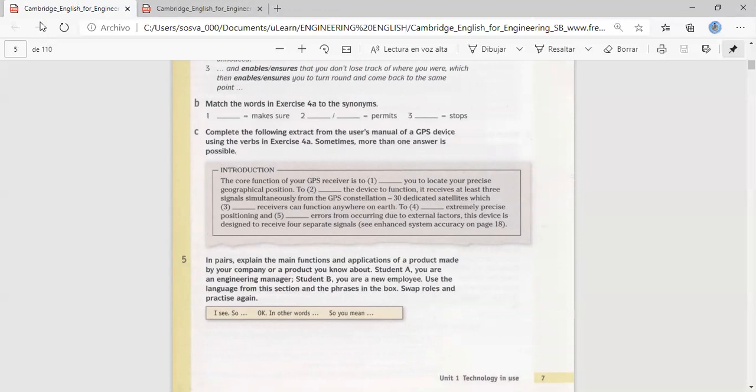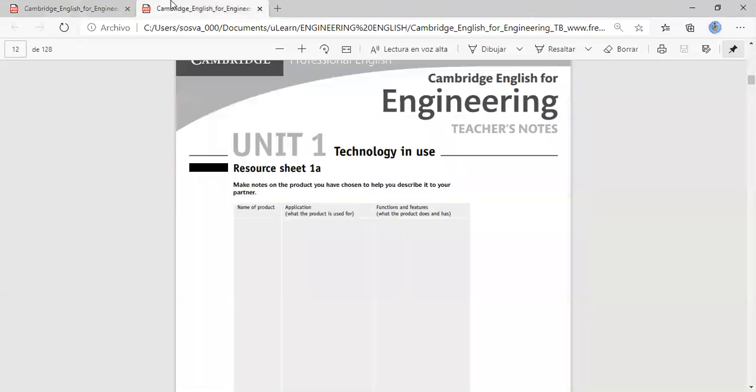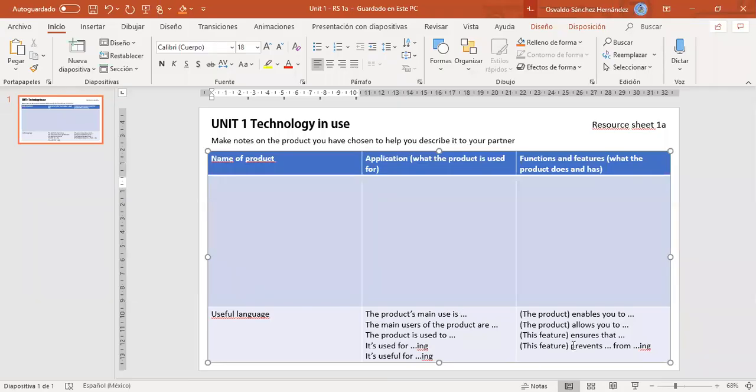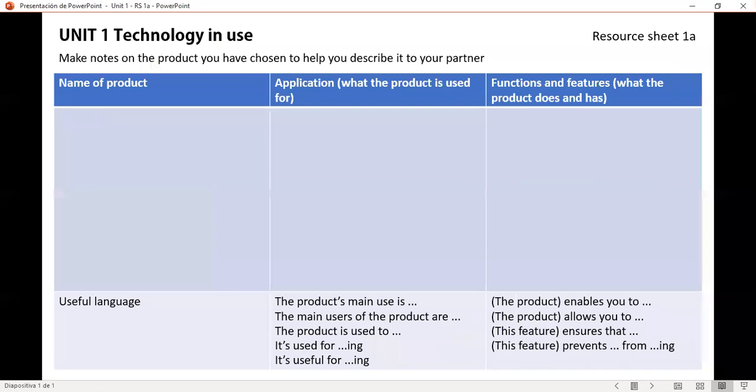So the page that we're going to work on, it's this one. It's a resource sheet that I'm supposed to give you. But I'm going to show you my PowerPoint presentation so that you're able to see and we can answer it together. Let's suppose now you're looking at the presentation.